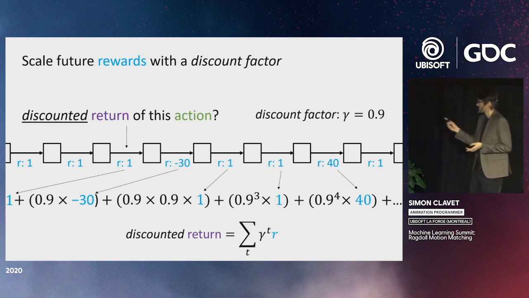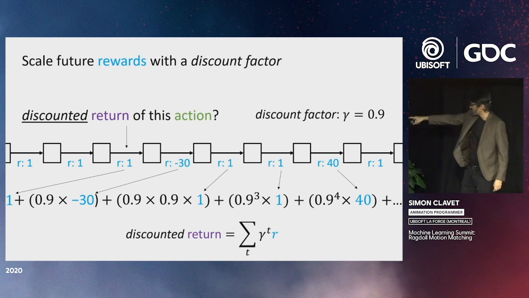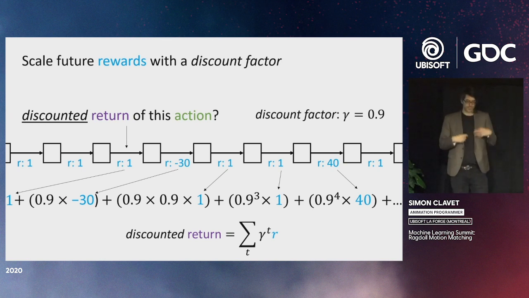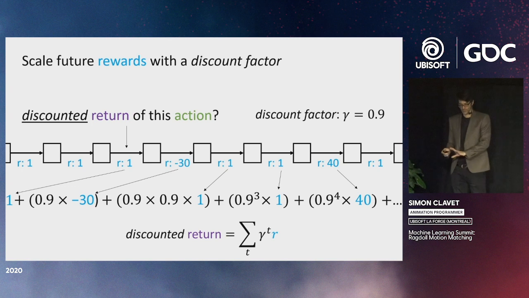And it gives us this little equation for a discounted return. That's why you're going to always see this little thing there, sum with gamma to the t. So that's discounted return. From now on, when I say return, it actually means discounted return. So that solves this part for deciding which actions are responsible for which rewards.